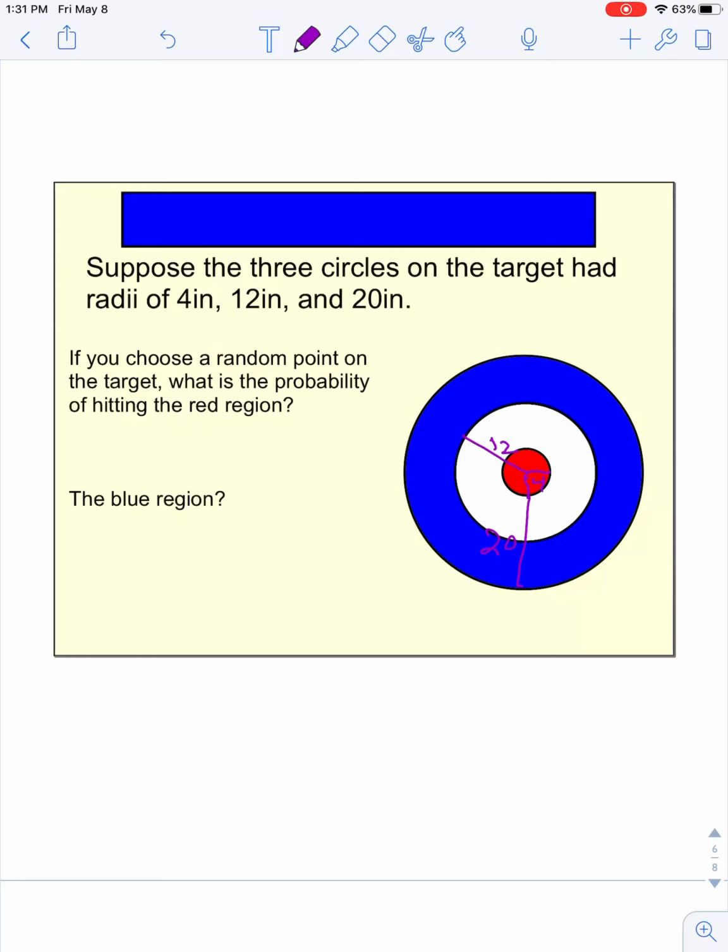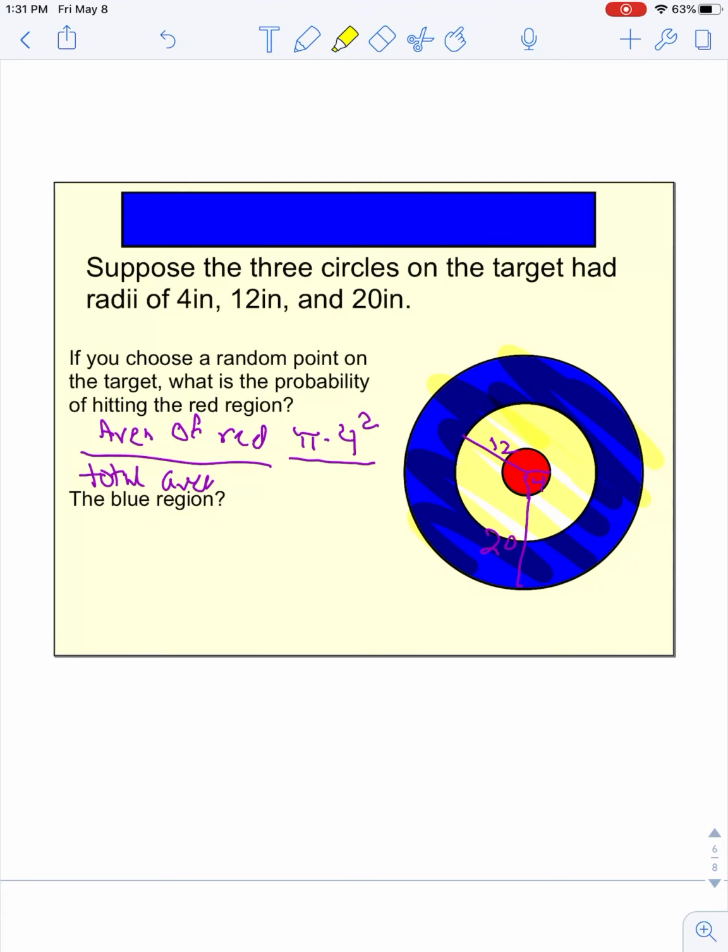Well, we want to find the area of the red, because that's where we want it to land, and divide that by the total area. The area of the red is the radius of 4, so it's pi times 4 squared. The total area would be anywhere in this whole entire region, so that's the radius of the larger circle.